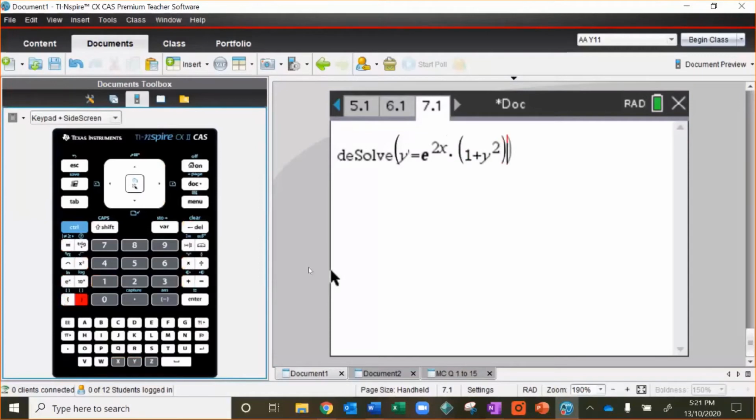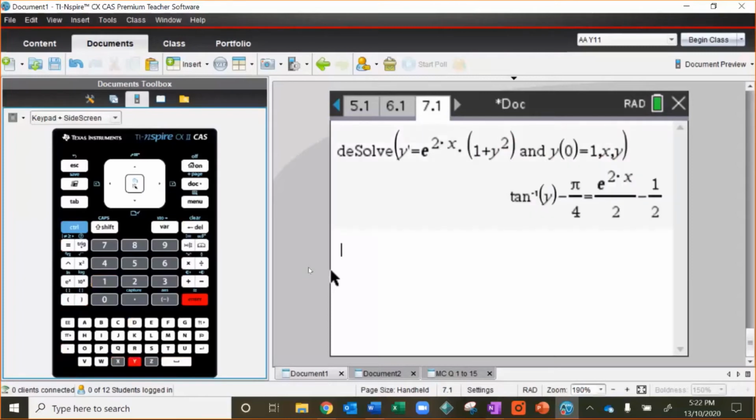Now we use the space and we put the initial condition, y at 0 equals 1, and comma independent variable x comma y.